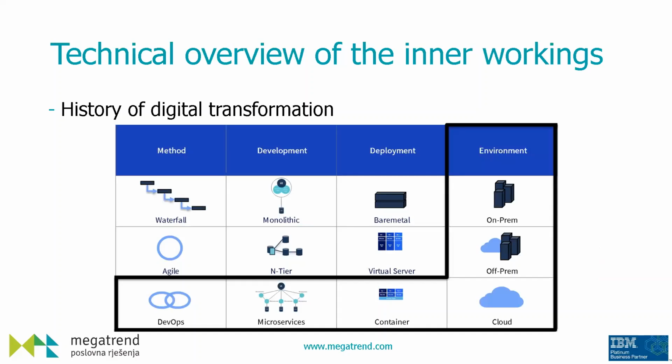So to explain a bit the history behind the complete digital transformation process, we can see here this image, which describes the methods of software development, deployment on various environments where the software can be deployed. So this is some history overview.